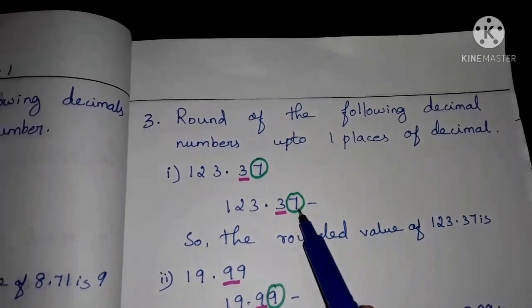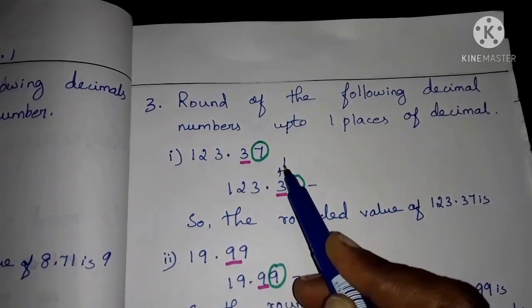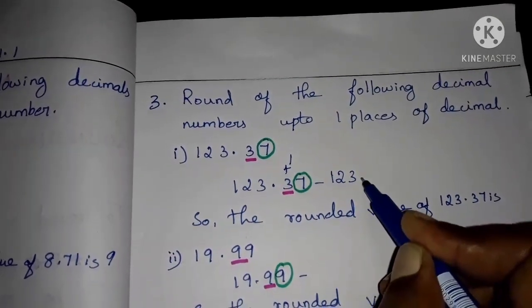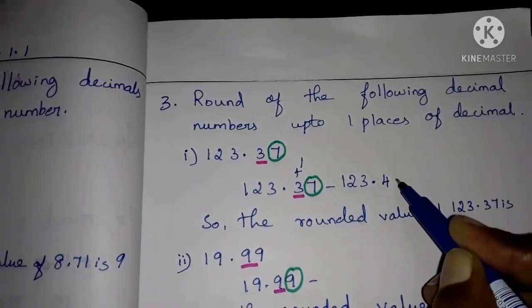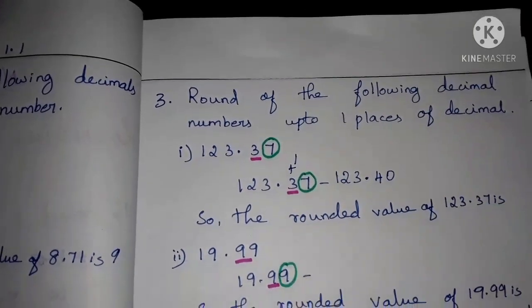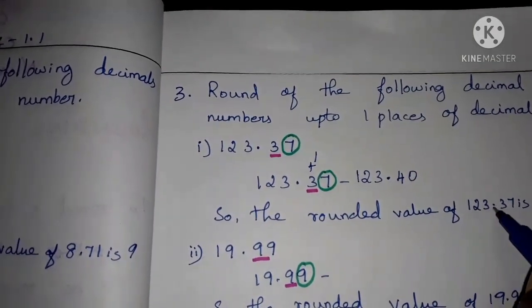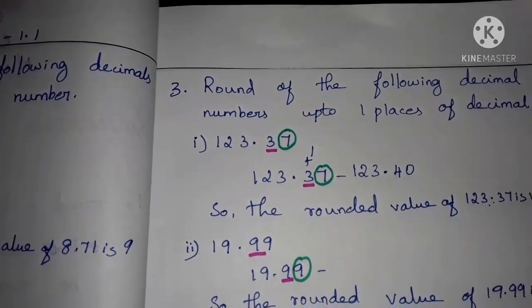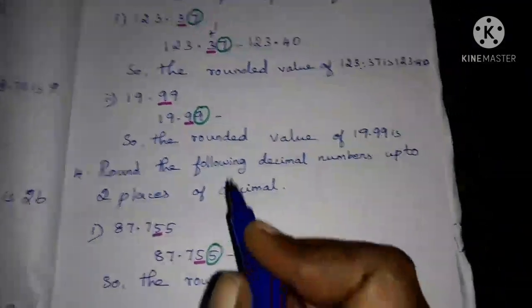Is it less than 5 or greater than 5? Yes, it is greater than 5. So we have to add 1. The left side remains the same. 3 plus 1 is 4. The right side we ignore. So the rounded value of 123.37 is 123.40.